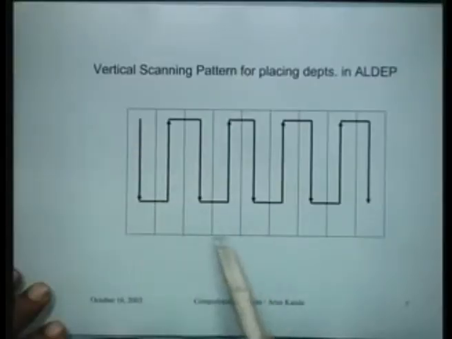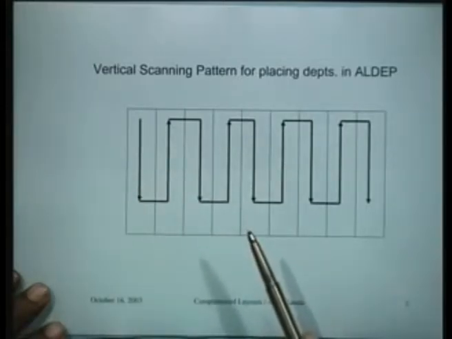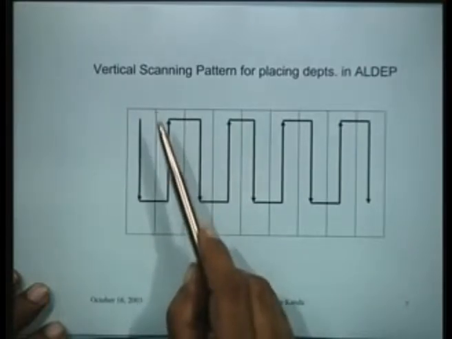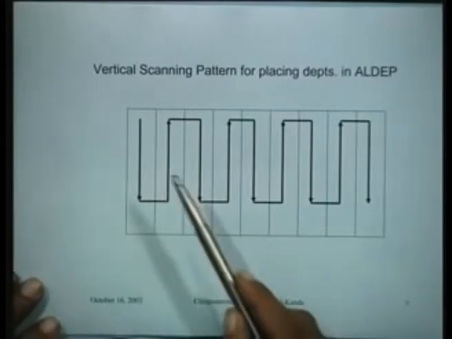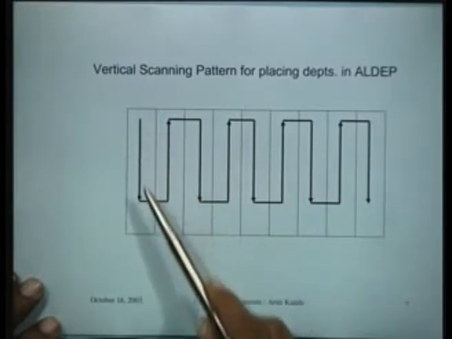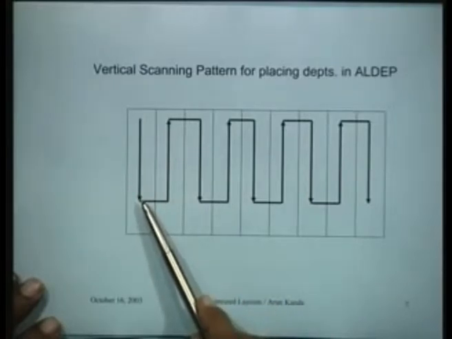One other feature of LDEP is how it places the departments in the layout. Suppose this is the area in which you want to develop the layout. What it essentially assumes is that there is a constant width, and suppose you want to locate a department, it's like saying that this is the width of a sellotape, let us say, and you keep on unrolling the sellotape in this direction, and you know the area of the department, so you can find out what length of the tape you need to represent the area.